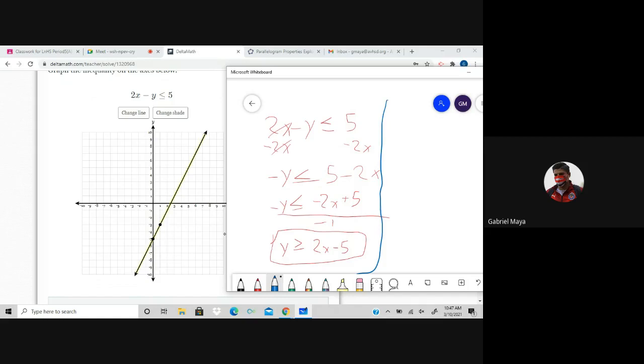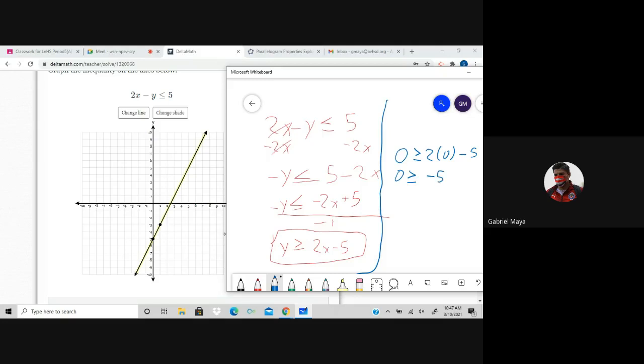So 0 is greater than or equal to 2 times 0 minus 5. 2 times 0 is 0, minus 5 is just negative 5.